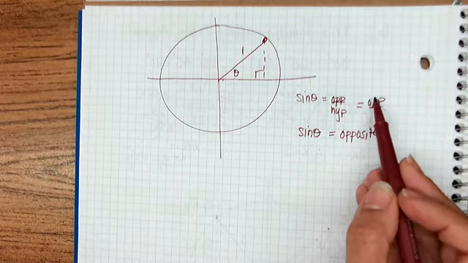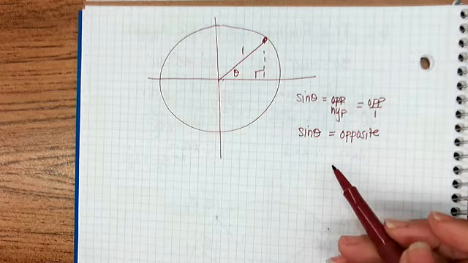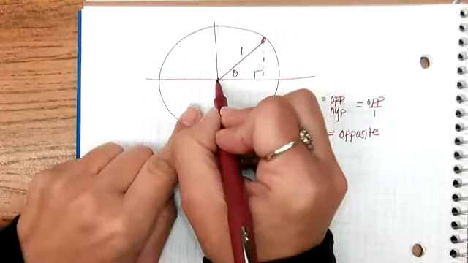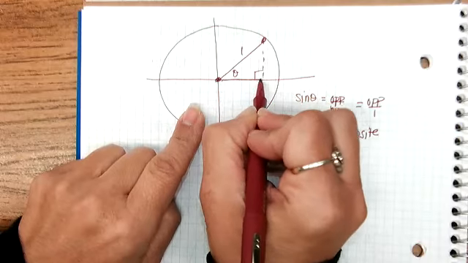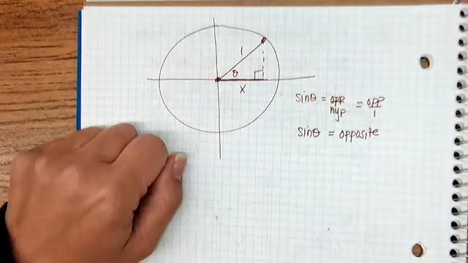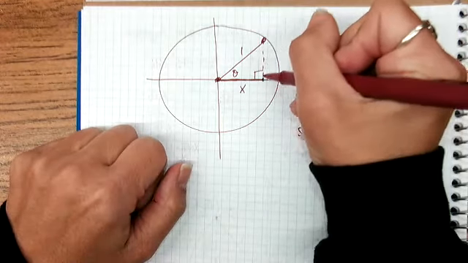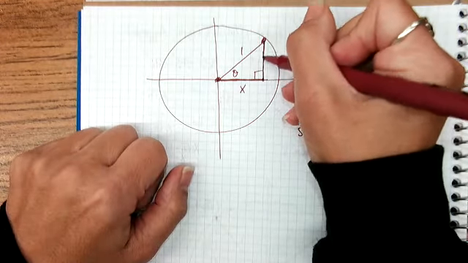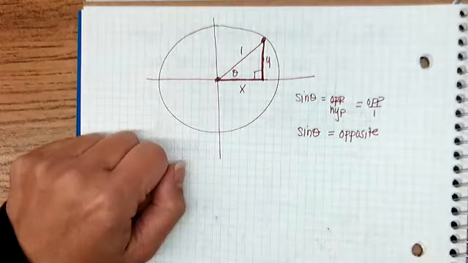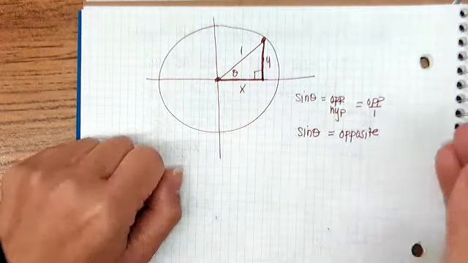Hypotenuse is 1. Opposite over 1 is just the opposite. But isn't the length from the center going to the horizontal distance, isn't that x? And isn't the distance from the x-axis up, isn't this vertical distance y? So isn't the opposite side the same as y?